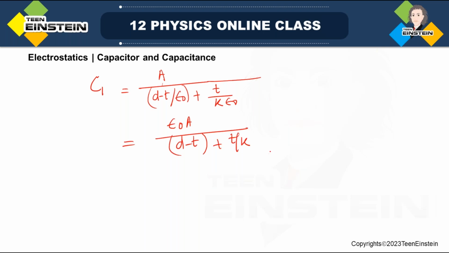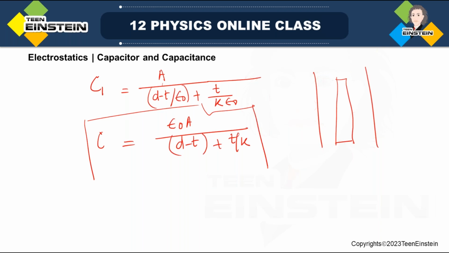So this is the formula for the partially filled parallel plate capacitor.